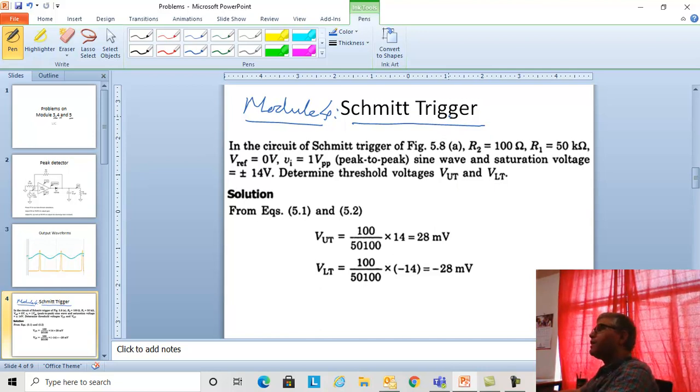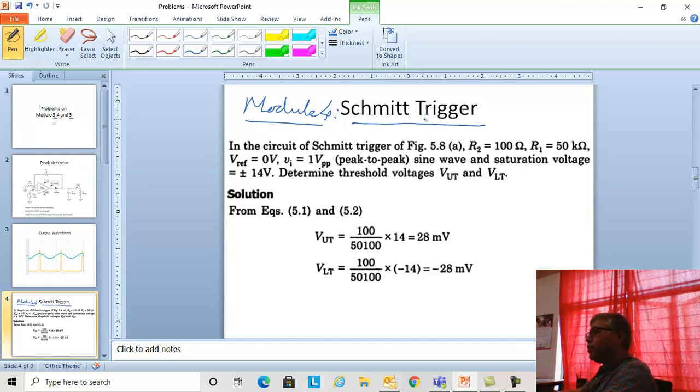The Schmitt trigger will be more complex than the usual comparator. We know that the Schmitt trigger is a dynamic reference voltage comparator, where whatever signal you give, it will convert that into a square wave. It's not only that, its reference voltage keeps changing. The output switches between VUT and then VLT, and then VUT and then VLT.